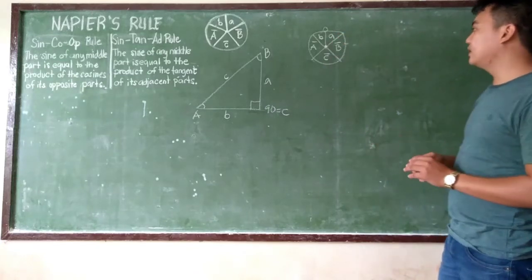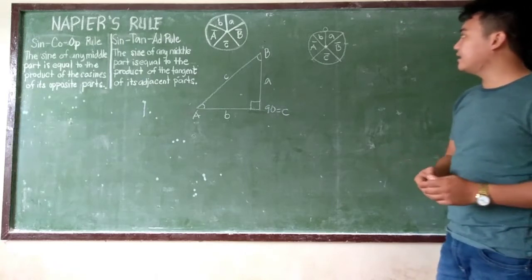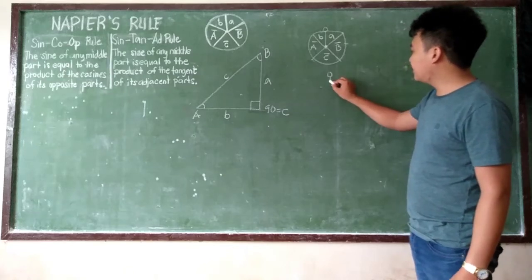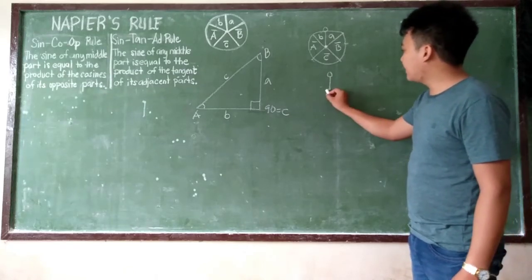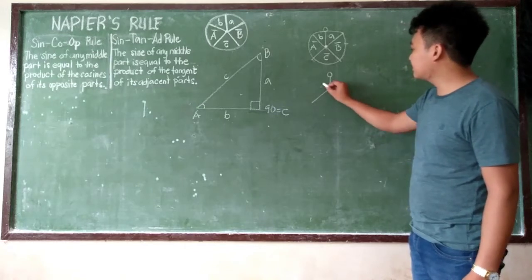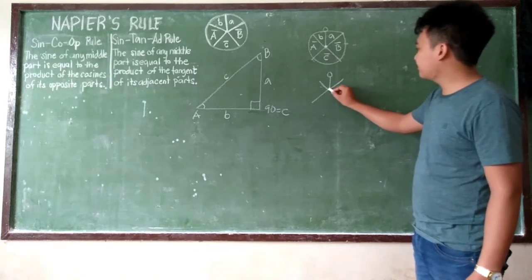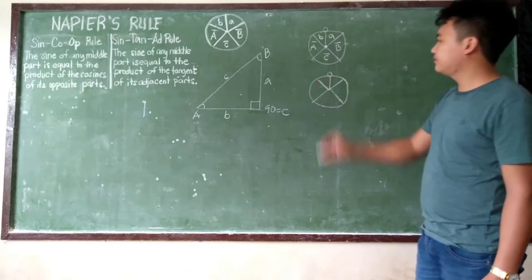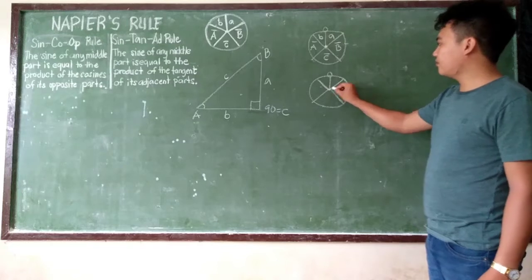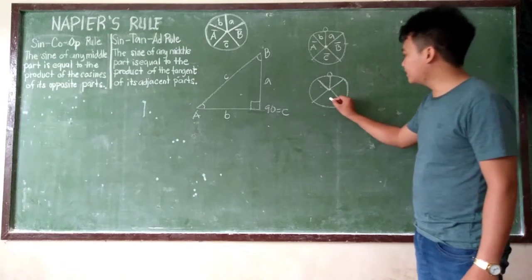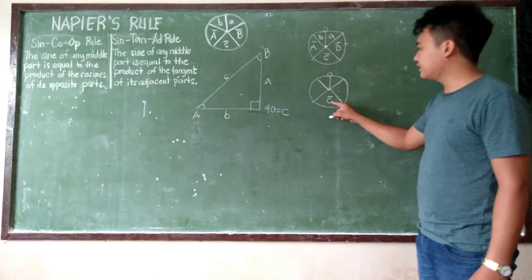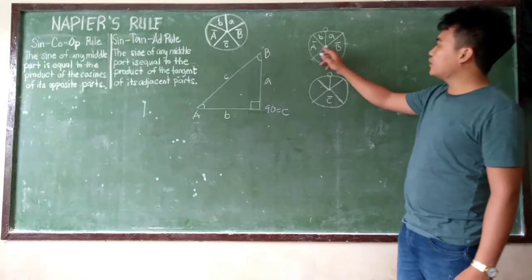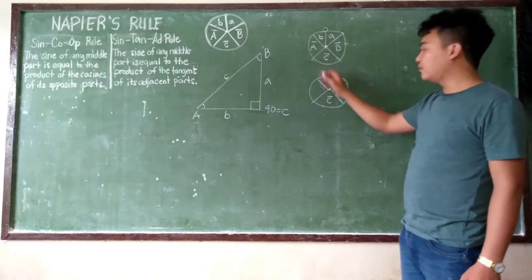Again, let us draw Napier's circle. First, we draw a man with the body, the hands and the legs. So make a circle. Then suppose again C bar, the small letter C. Then at this time, what if A bar and B bar are interchanged?